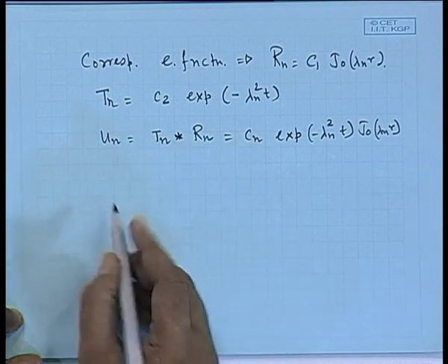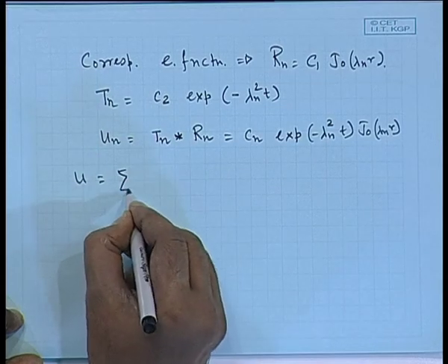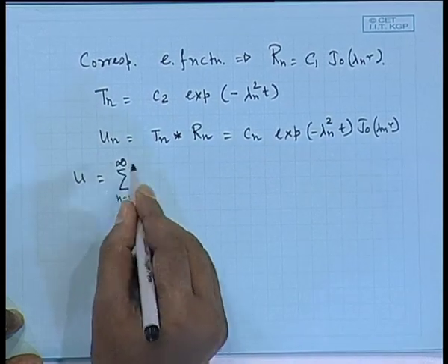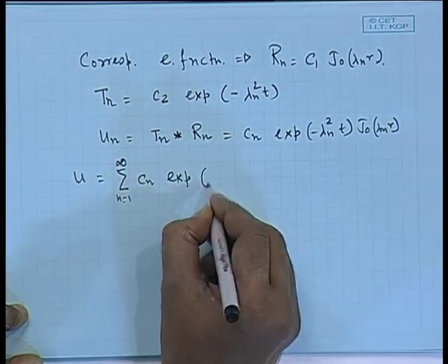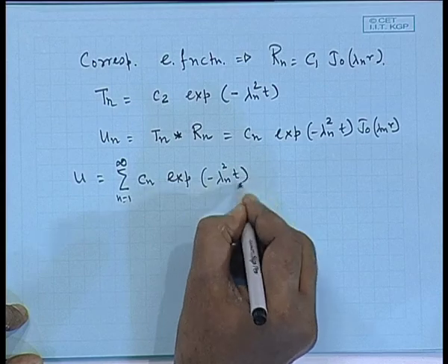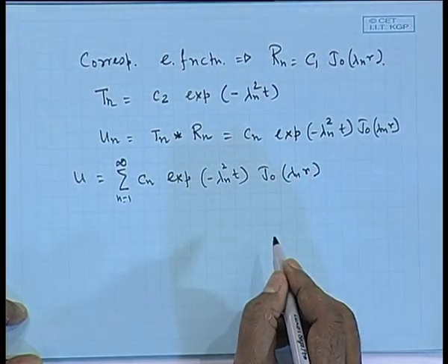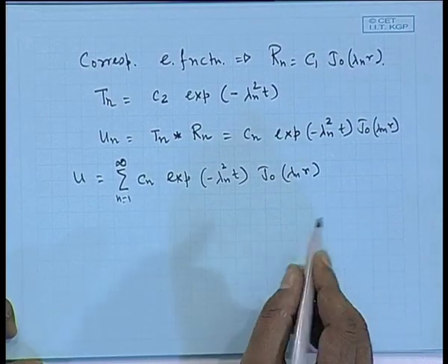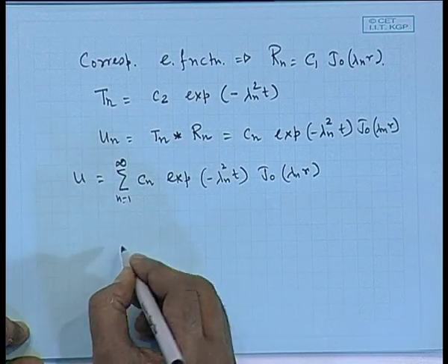So you use the principle of linear superposition. U becomes the summation of all the solutions, so this becomes the sum of Cn exponential minus lambda n square t J0 lambda n r. Now again, this constant can be evaluated from the initial condition, the non-zero initial condition. What is the initial condition?